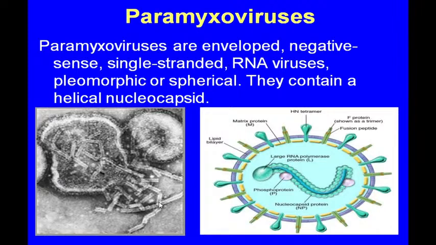Inside there is a nucleic acid, and outside it is tightly bound with capsid proteins. That really protects the nucleic acid from being disturbed. You can also see here that the nucleic acid is covered with nuclear protein, called NP protein.